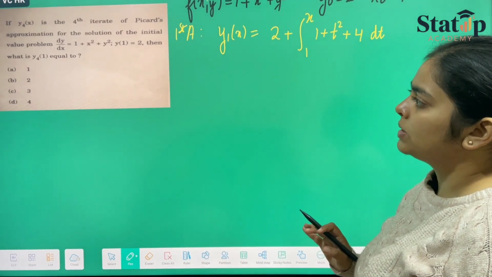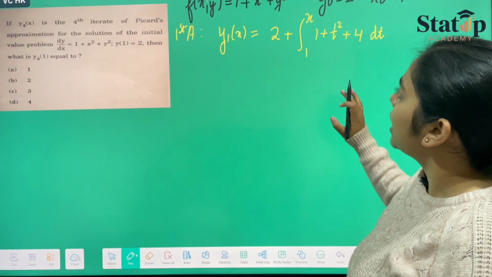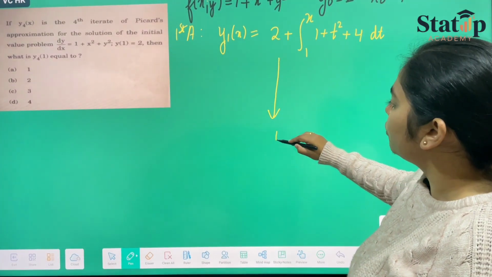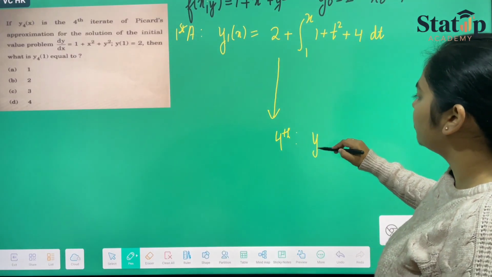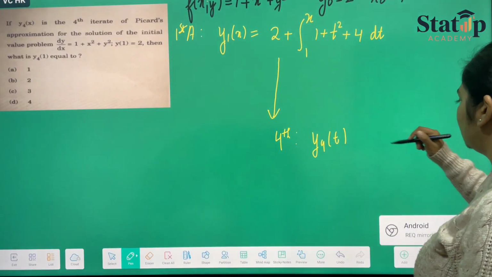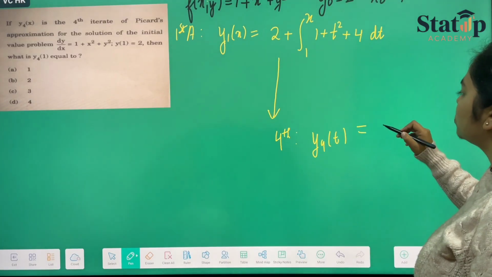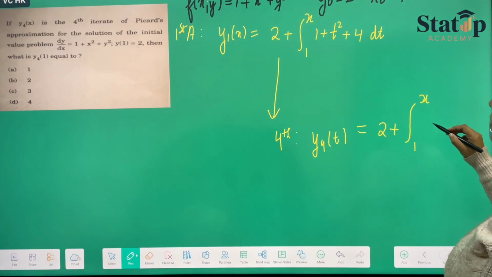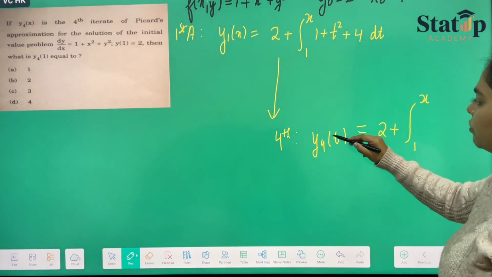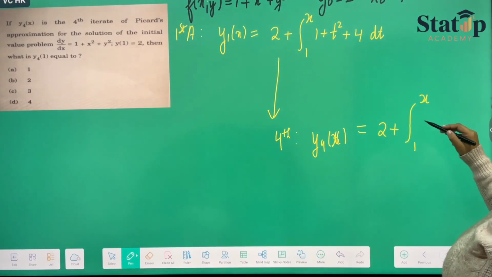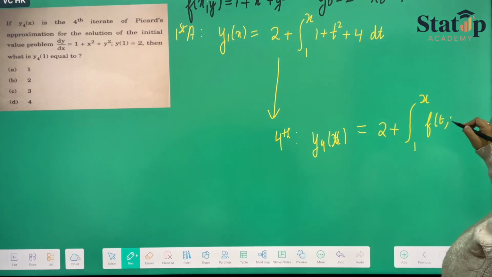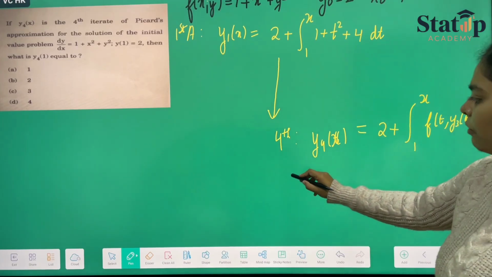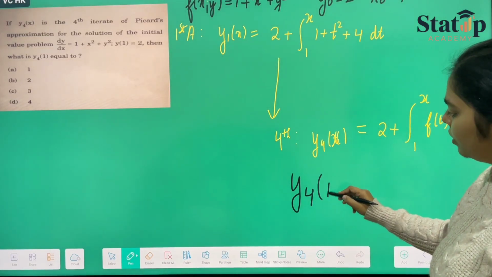Now as I'm noticing, as and when we go down in this type of question, the fourth approximation formula will be y4(x) equals 2 plus the integration from 1 to x of f(t, y3(t)) dt. They have told us to calculate y4(1).